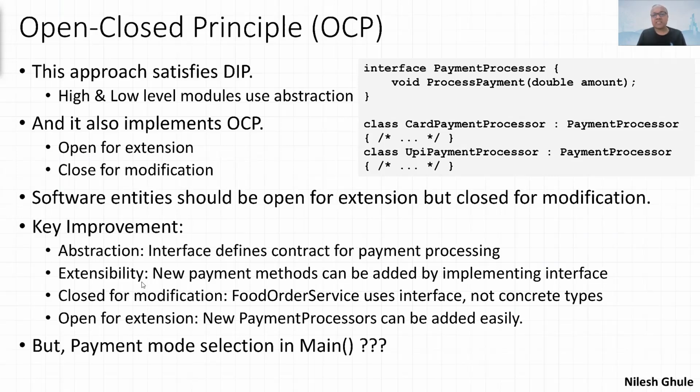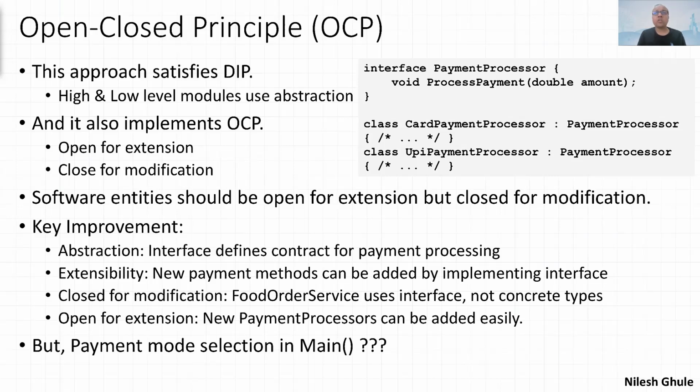Extensibility: new methods can be added. Closed for modification: the food order service uses an interface, not the concrete type. And that is the reason any new changes need no modification inside food order service. And we can always add new functionalities to the existing application.